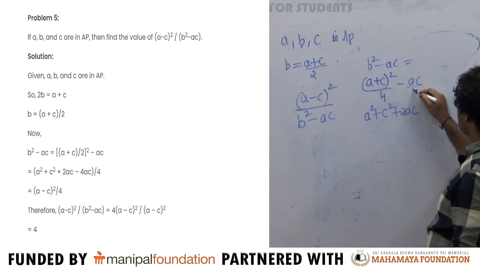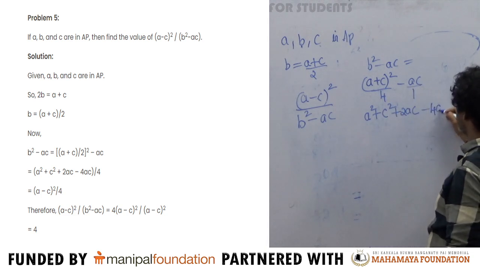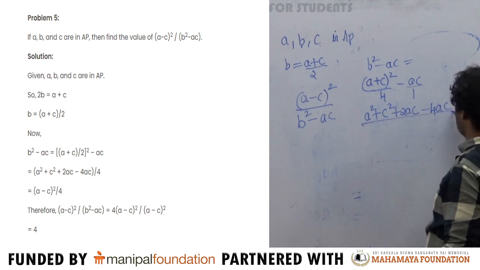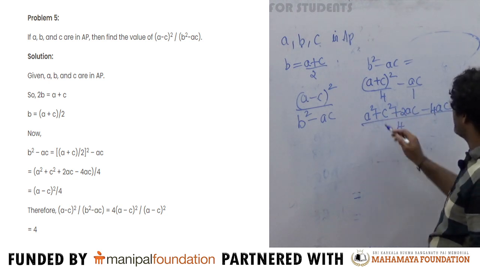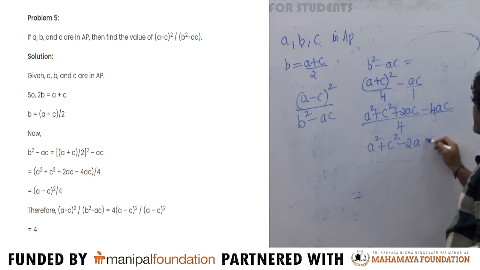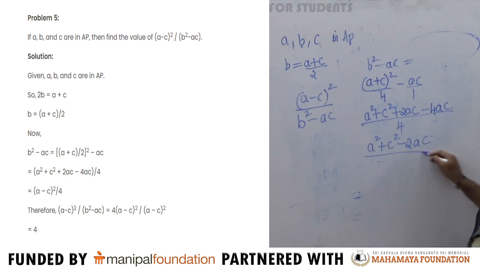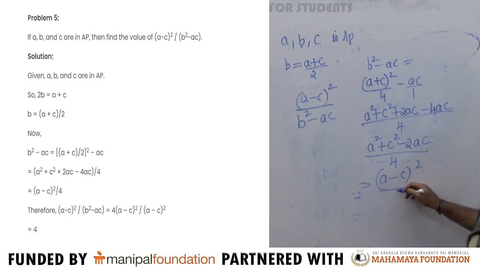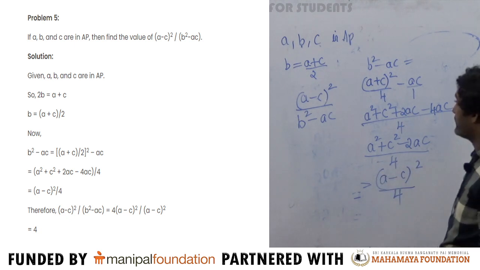But when you take LCM, isn't it minus 4AC whole divided by 4? All right. So isn't it A square plus C square minus 2AC? 2AC minus 4AC is so much. Who is it now? Isn't it (A minus C) the whole square divided by 4? Yeah, we got what we wanted, right?